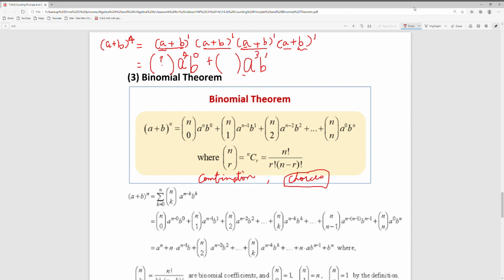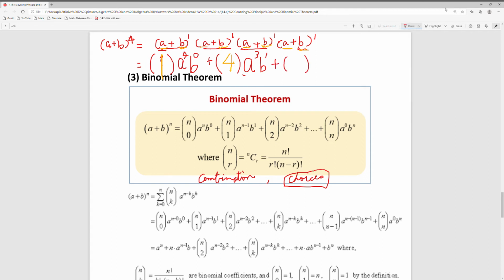But this b, maybe you choose b here, or you may choose b from here, or from here. So you have 4 choices. And if you choose all the a's from each binomial, actually you have only one choice.